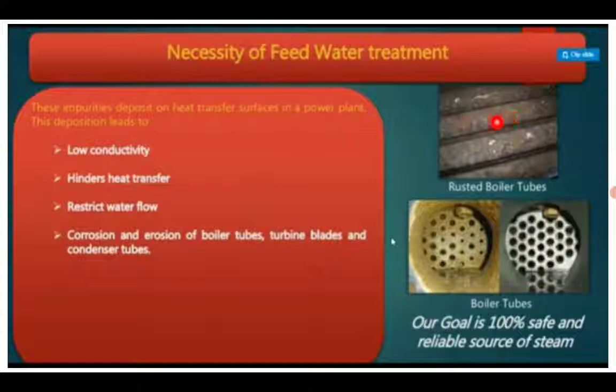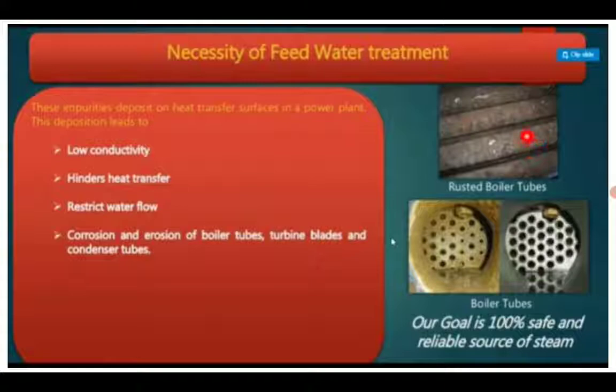Scaling means the deposition of impurities on the surface of the tube. So that we call scaling. Our goal is to achieve a clean tube like this, but the actual condition will be like this. So our goal is a 100% safe and reliable source of steam.